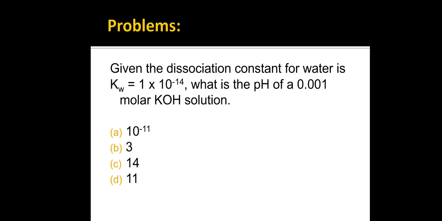Given the dissociation constant for water is Kw, which is equal to 10 to the power minus 14, as I have discussed in the previous section, what is the pH of a 0.001 molar KOH solution? And the options are given.